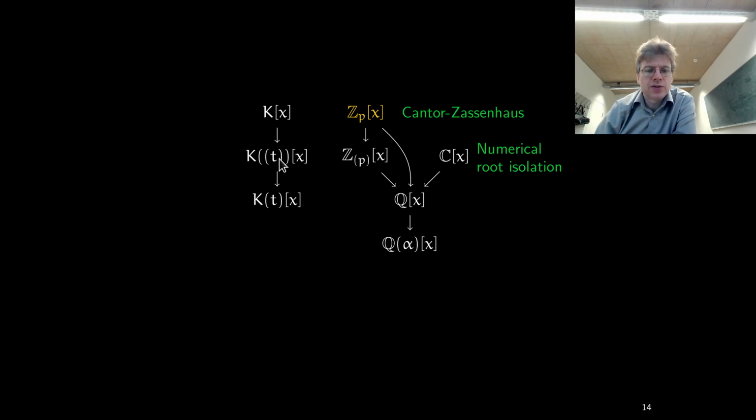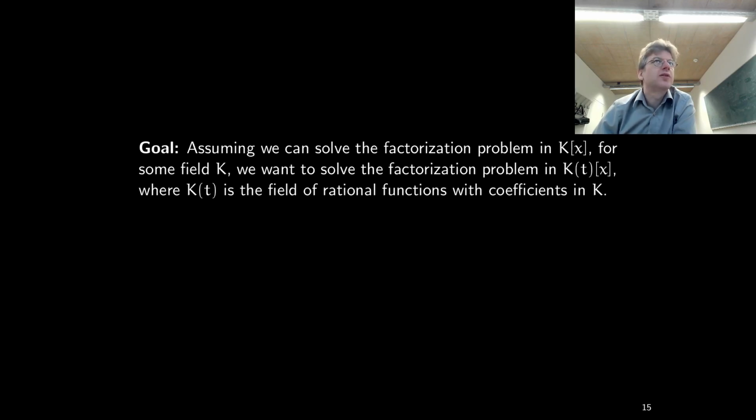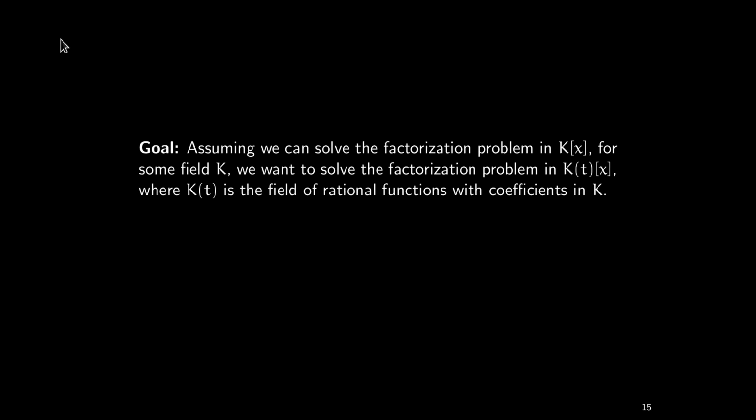And this is a step towards rational factorization, which in this case means factorization of polynomials over a rational function field in t, which then will translate into, or will motivate the techniques that we can use for factorization of polynomials over the rational numbers. Okay, so let's go for it. Here's the summary.